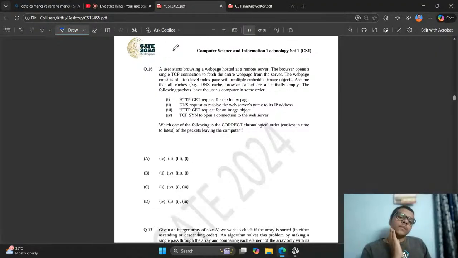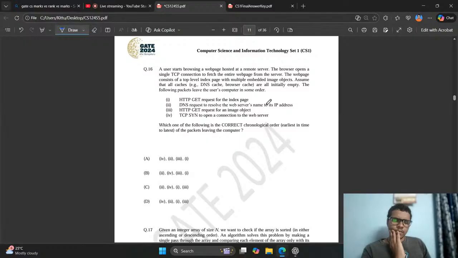A user starts browsing a web page hosted at a remote server. The browser opens a single TCP connection to fetch the entire web page from the server. The web page consists of a top-level index page with multiple embedded image objects. Using the cache, DNS cache and browser cache are initially empty. The following packets leave the user computer in some chronological order.